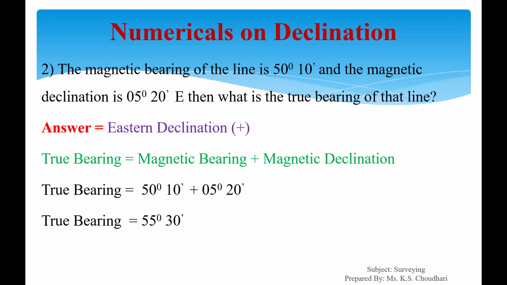Magnetic bearing means 50 degree 10 minutes plus 5 degree 20 minutes magnetic declination. So the true bearing becomes 55 degree 30 minutes. Again, pause the video here and try to solve this problem on your own. Here I used the same values so that you can easily understand the difference between them.